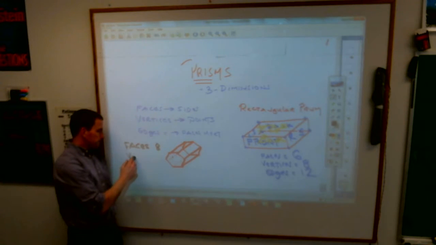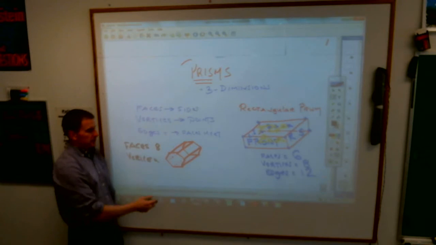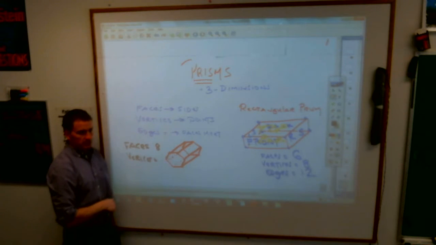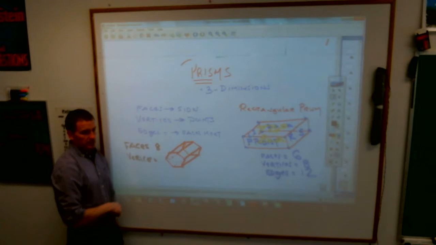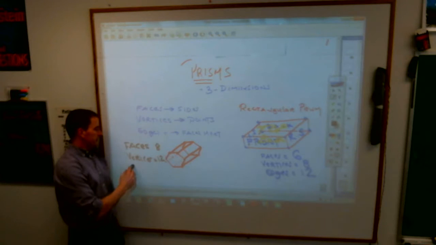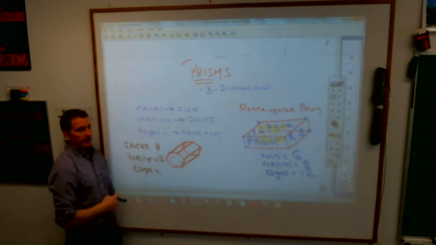How many vertices? How many points? Well, there's 1, 2, 3, 4, 5, 6 there, and there's probably another 6 on the back side. Chase, 12. 12. And how many edges? We're going to have a lot of edges there.